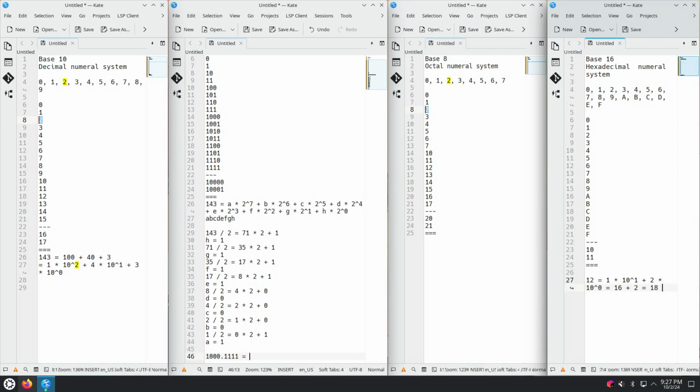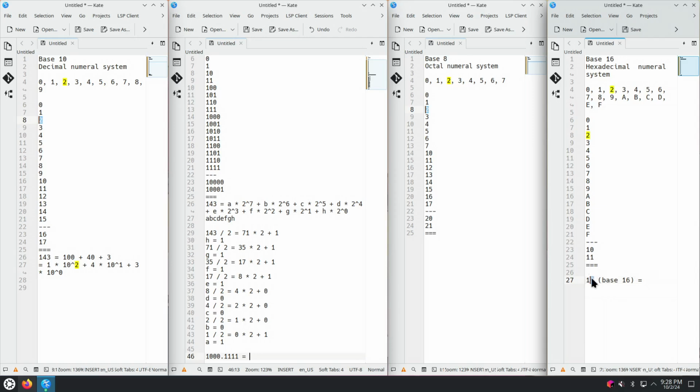Equals 18 in base 10. Okay. And if you want to go to base 2, which is what I actually wanted, you're going to split the number and convert every digit in base 16 to its equivalent in base 2.